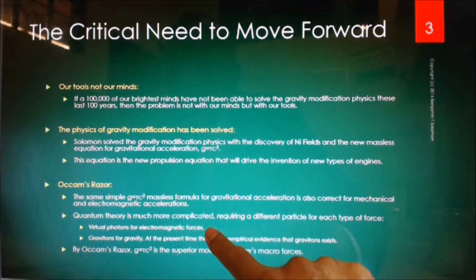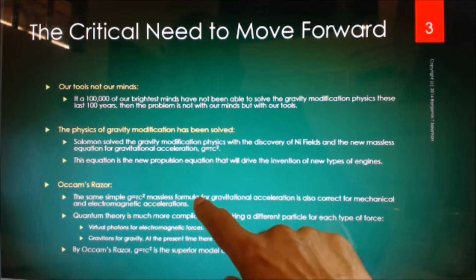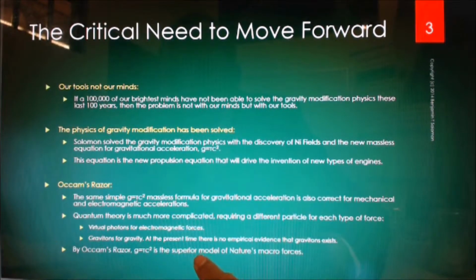Virtual photons for electromagnetic forces, and quantum theory assumes that mechanical forces are basically electromagnetic forces. Gravitons for gravity, and two other particles for weak nuclear forces and strong nuclear forces. We don't go into those because there's no commercial value in knowing how to model weak and strong nuclear forces with this equation. And so by Occam's razor, g is equal to tau c squared is a superior model of nature for macro forces.